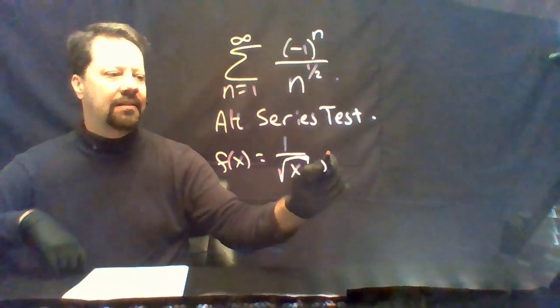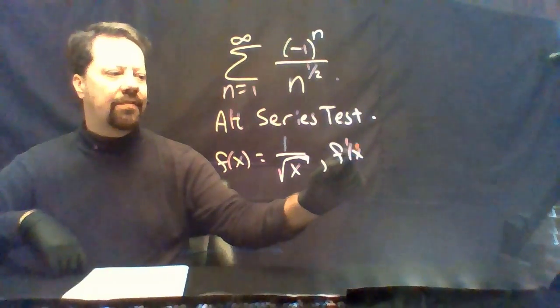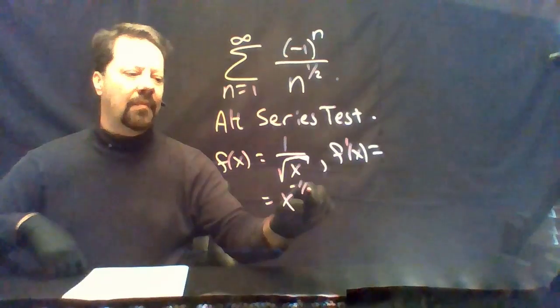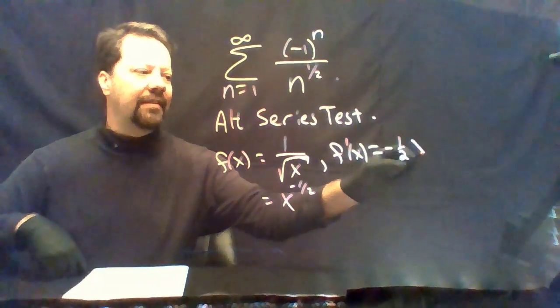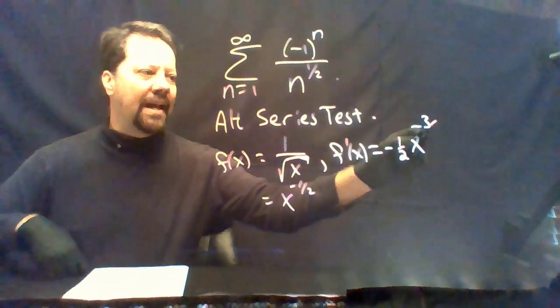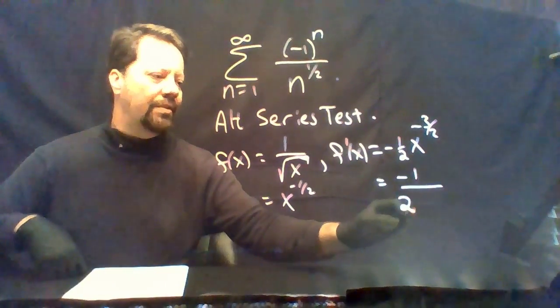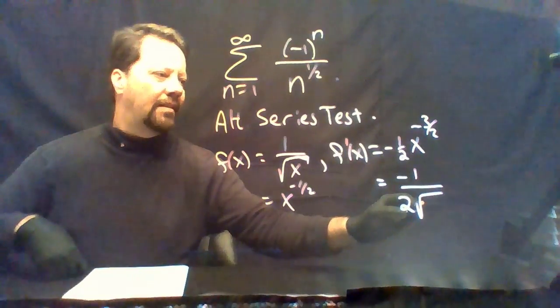notice that this function has derivative equal to minus 1/2 x to the minus 3/2, which is negative 1 over 2 times the square root of x cubed.